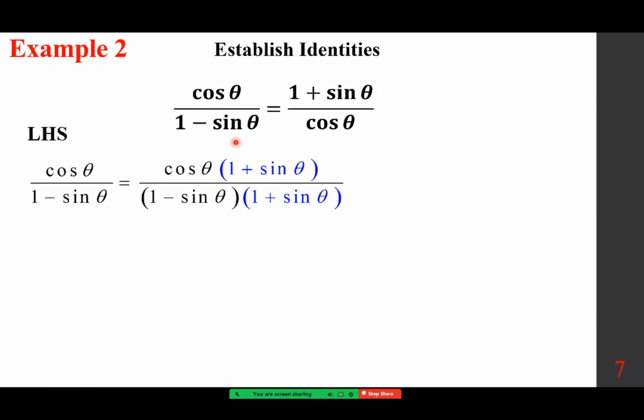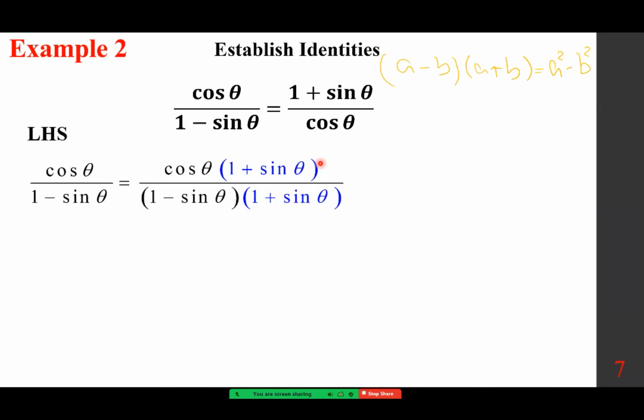So please understand this concept of a conjugate, a minus b times a plus b. A plus b is the conjugate, and the product is a squared minus b squared. So the conjugate of this is 1 plus sine theta.